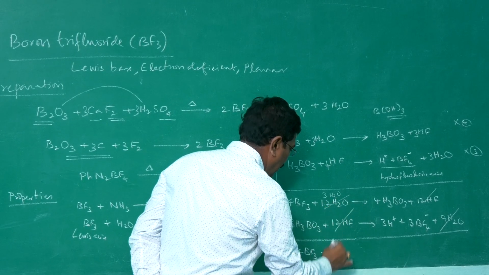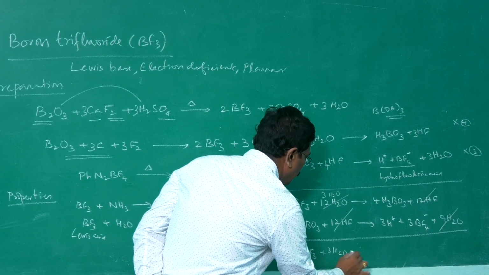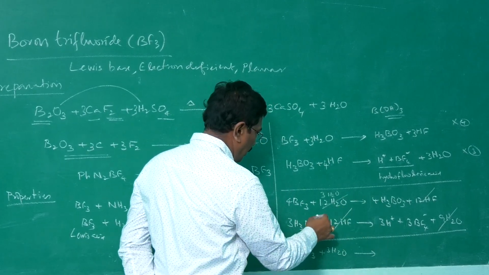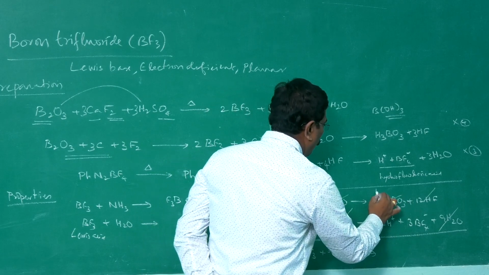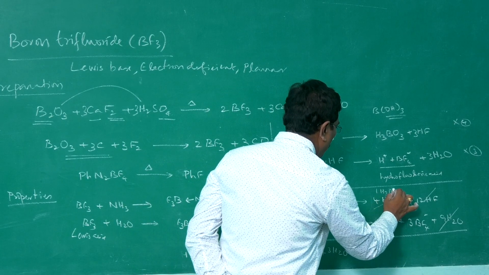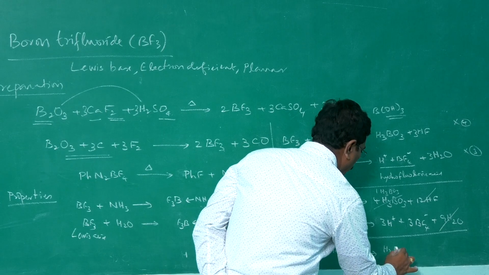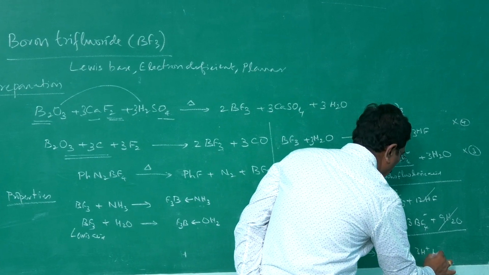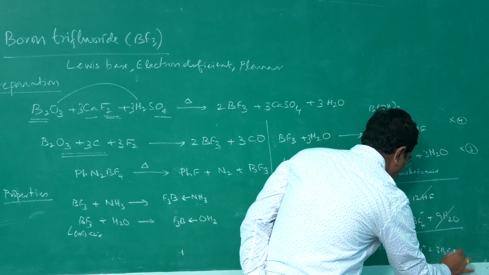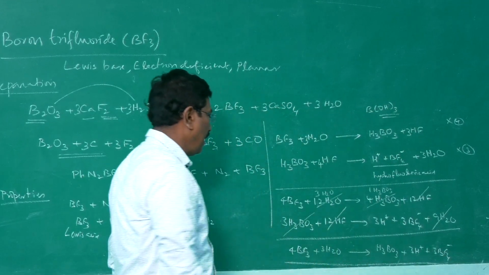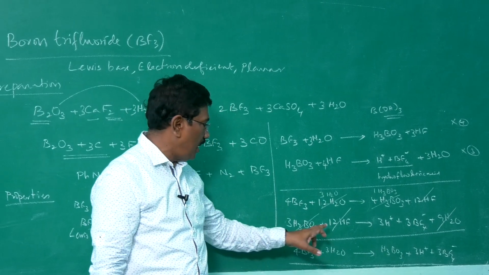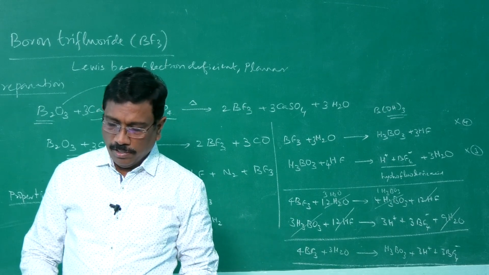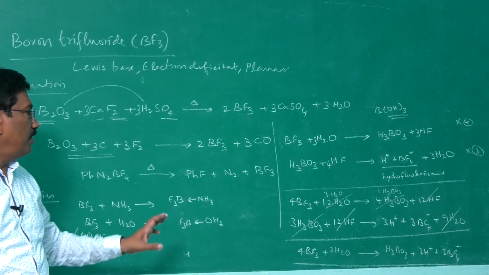Am I correct? 3H2O, out of 4 and 3 only 1 remains that side. Therefore, 1 H3BO3 plus 3HBF4 or 3H plus 3BF4 minus. So that is the consolidated reaction. When boron trifluoride is allowed to react with water, it forms boric acid and hydrofluoboric acid. So that is about the chemical properties of boron trifluoride.